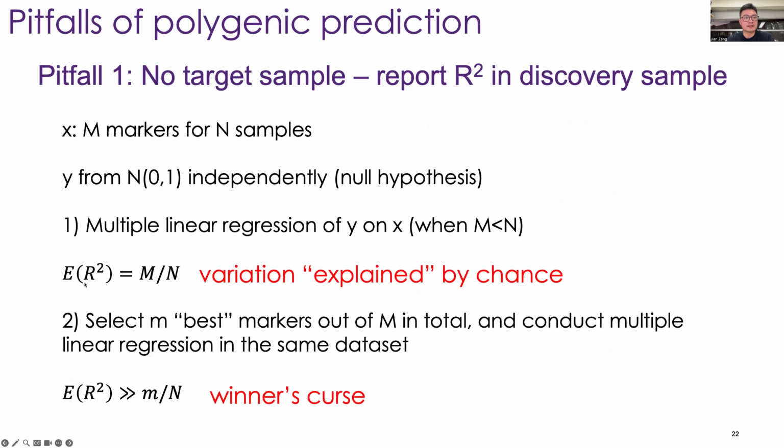And this prediction R square under the null hypothesis is a function of the number of SNPs and the sample size. This is a classic overfitting problem and is also known as the winner's curse. So doing the out-of-sample prediction is essential.